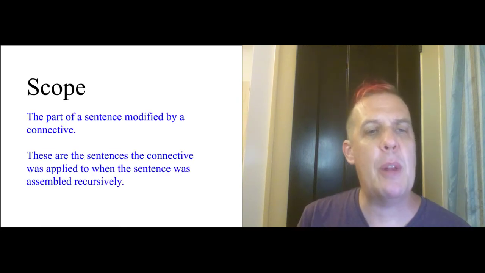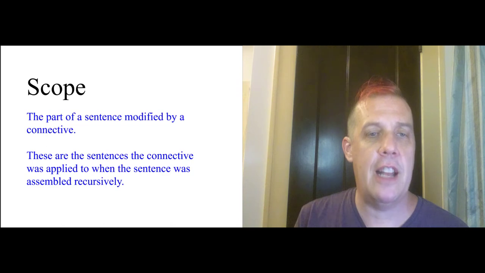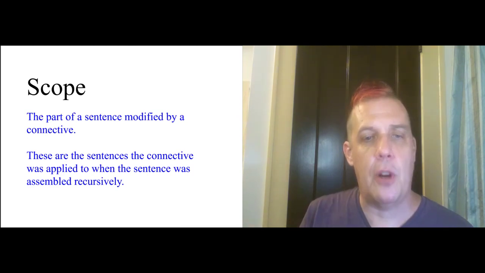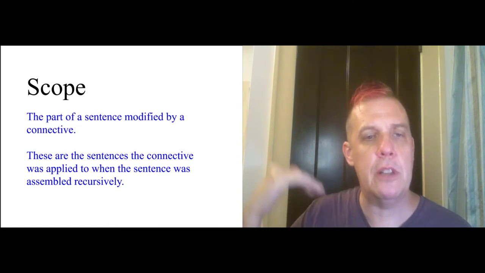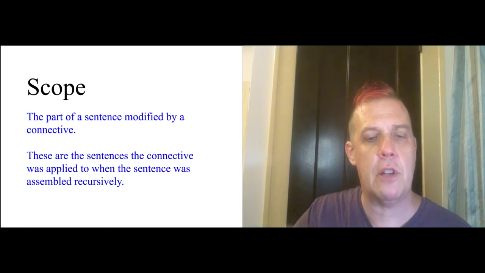We also want to talk about the scope of a connective. The scope of a connective is the part of a sentence modified by that connective. So these are the sentences that the connective was actually applied to when you were building up the sentence recursively.